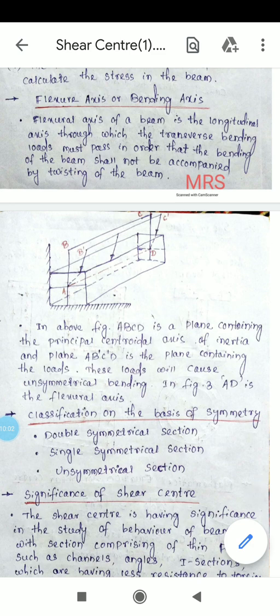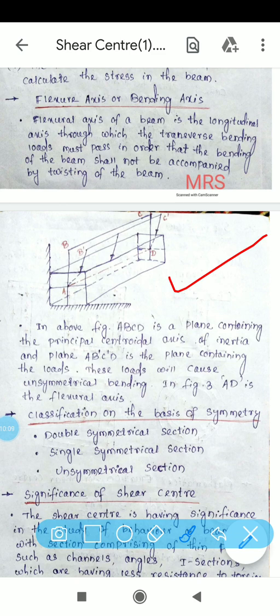This diagram shows unsymmetrical bending. In this case, figure ABCD, point A, point B, point C, and point D. See the diagram ABCD, which is a plane containing the principal centroidal axis of inertia.